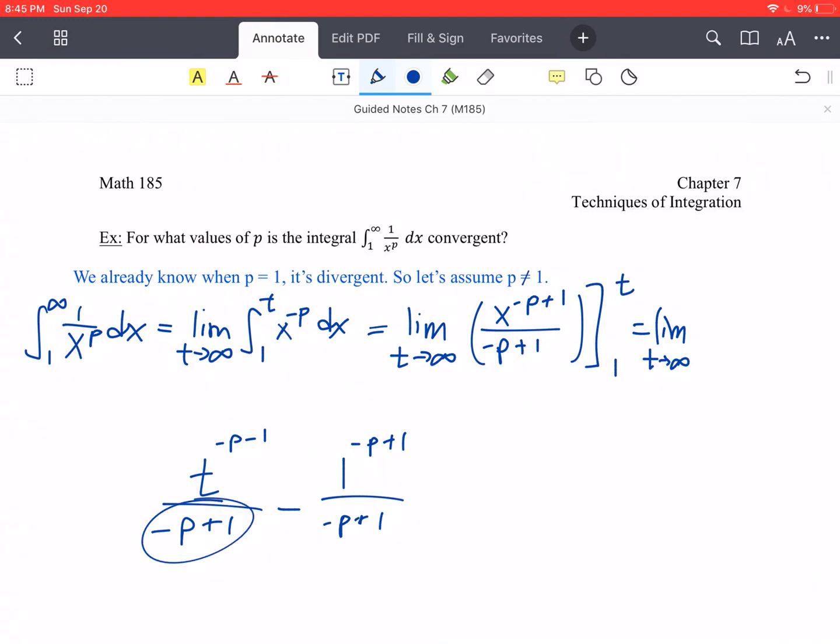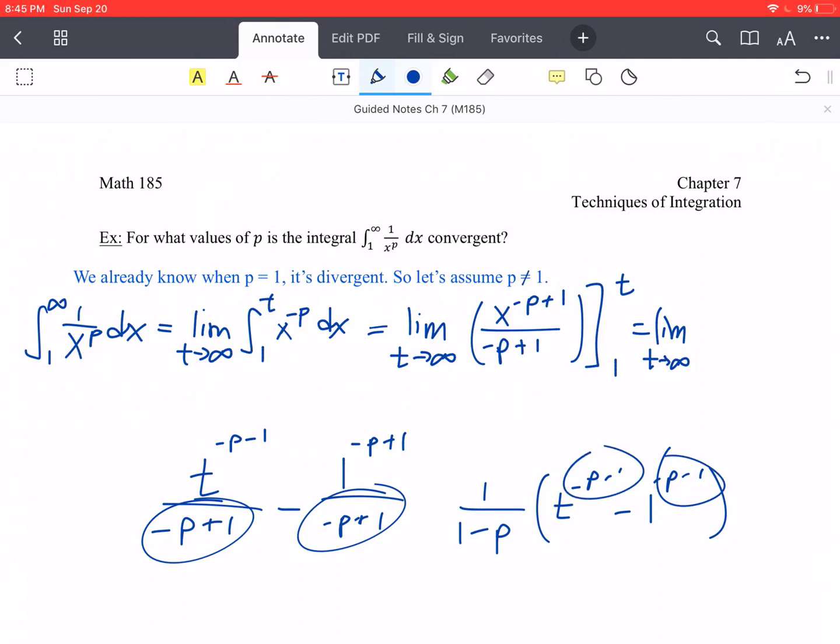We have a common factor here, so I'm going to pull that out and switch the order, so it becomes 1 over 1 minus p, times t to the negative p plus 1 minus 1 to the negative p plus 1. 1 to anything is just 1. Oh, I'm sorry, that should be a plus, shouldn't it?